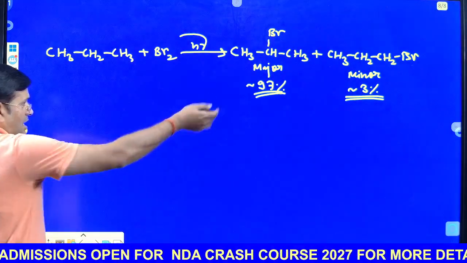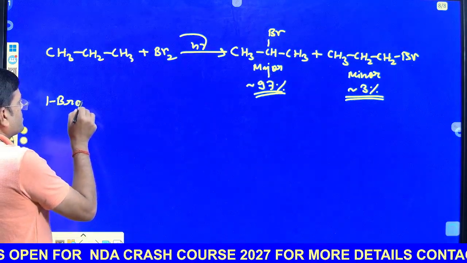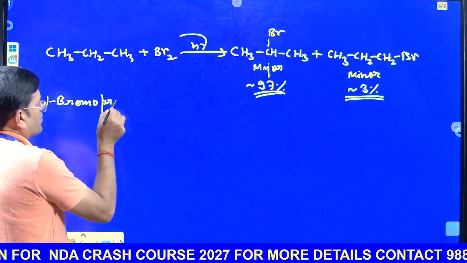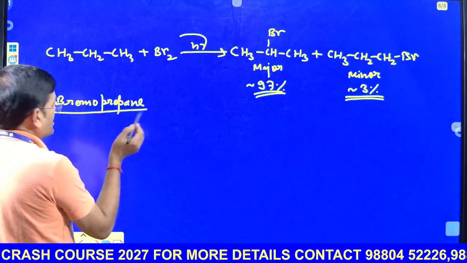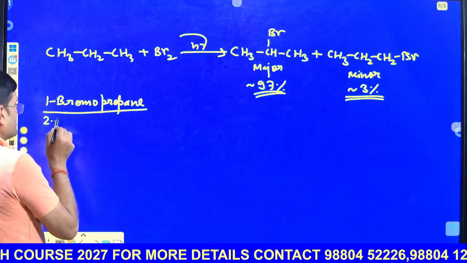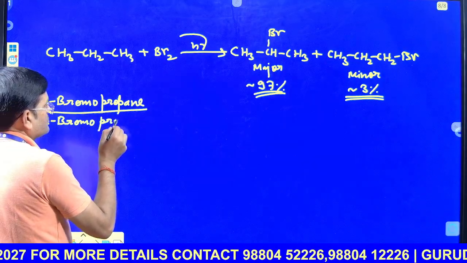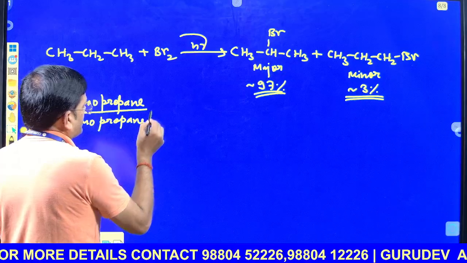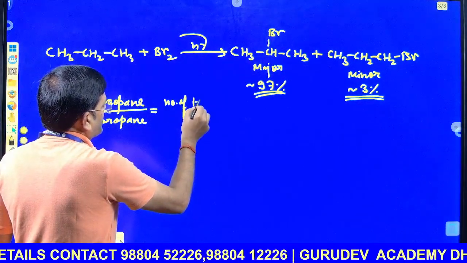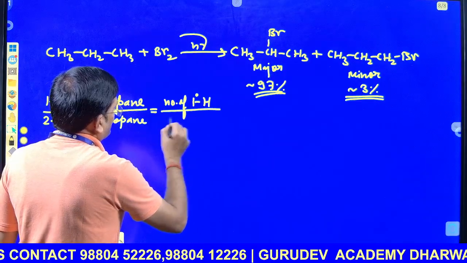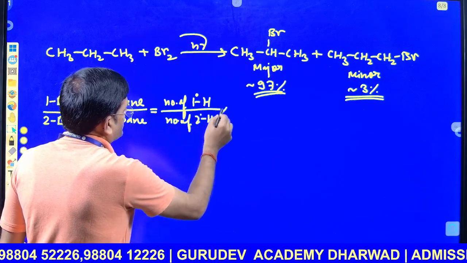Now just calculate this one. 1-bromopropane divided by, as we calculated in the previous case, 2-bromopropane, right? What I said? Number of 1 degree hydrogen divided by number of 2 degree hydrogen into reactivity.